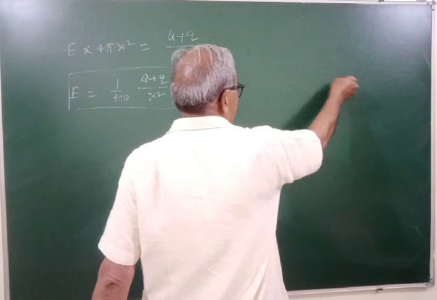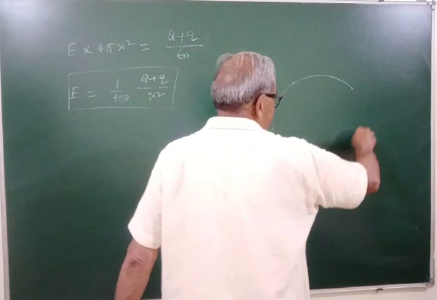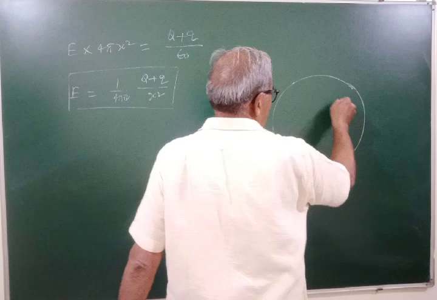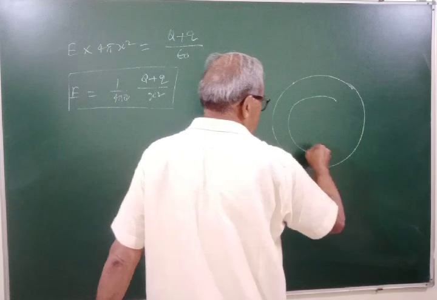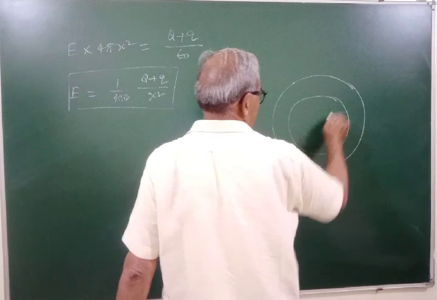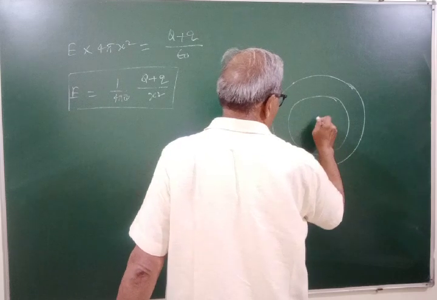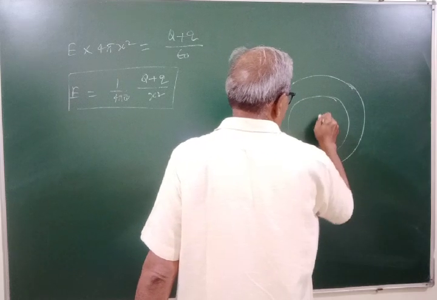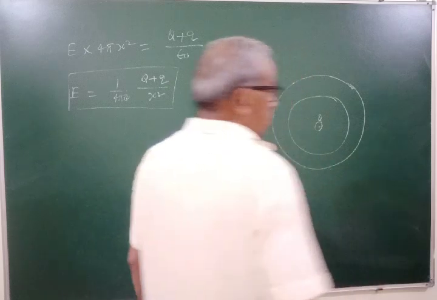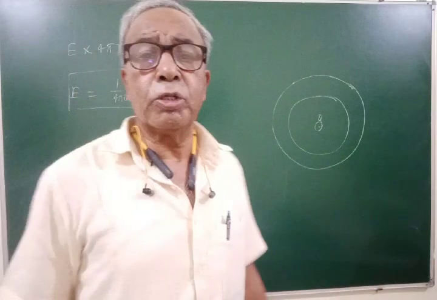Again, it is a hollow conducting shell having inner radius R1, outer radius R2, and at the center there is a small sphere having charge q.